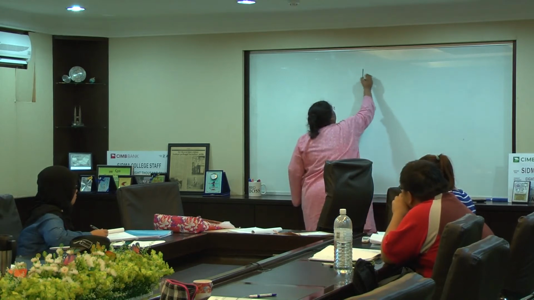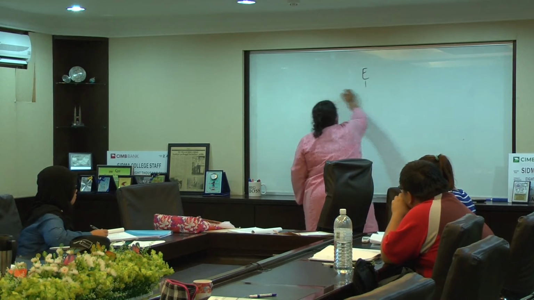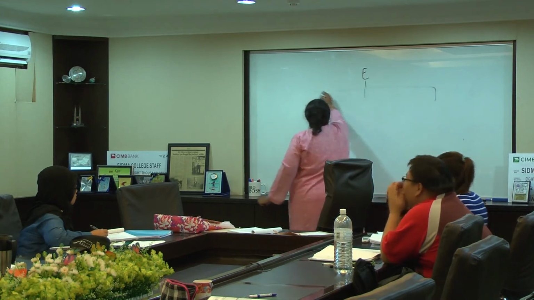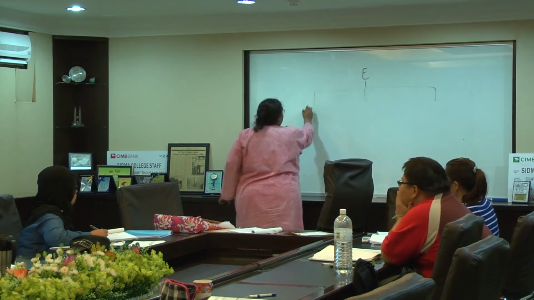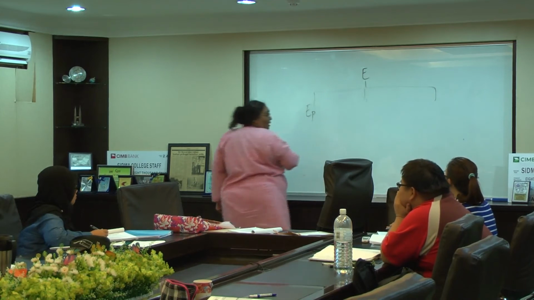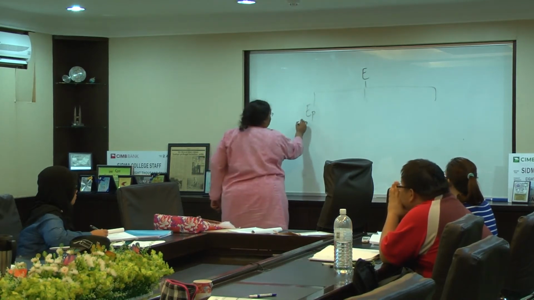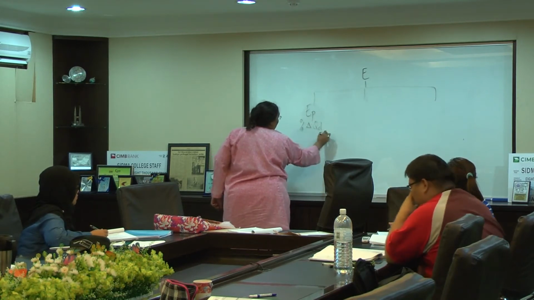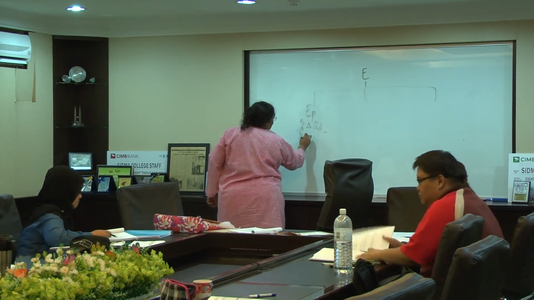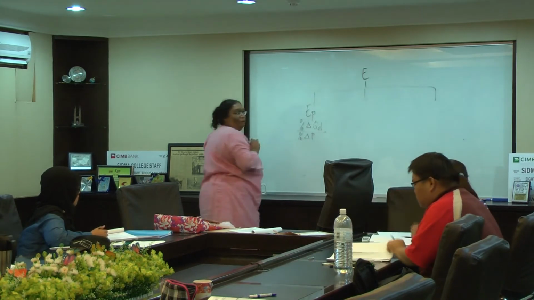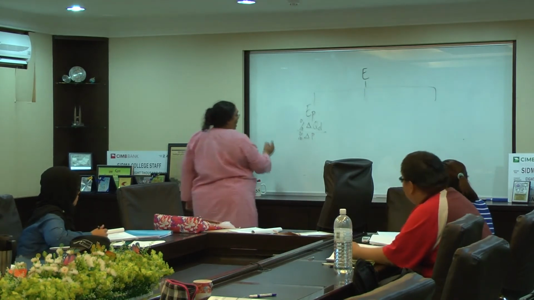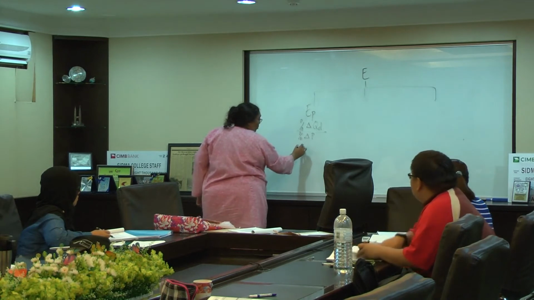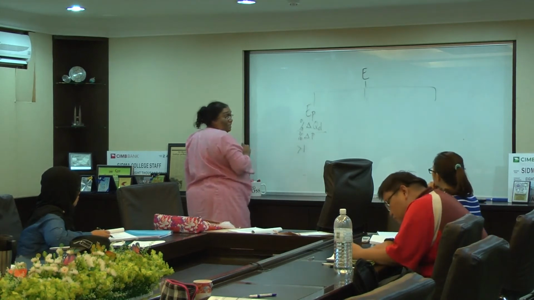Elasticity. How many types do we have? I told you we have 3. Correct? This is price elasticity of demand. The formula is percentage change in quantity demanded divided by percentage change in the price. If your answer is more than 1, you say sensitive, correct?